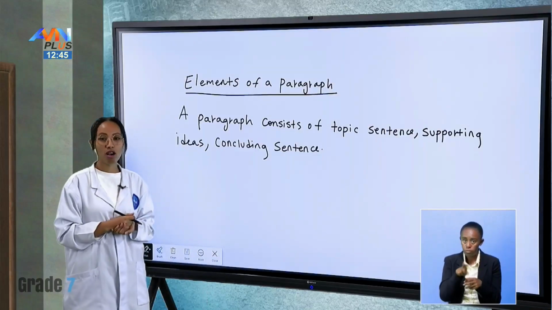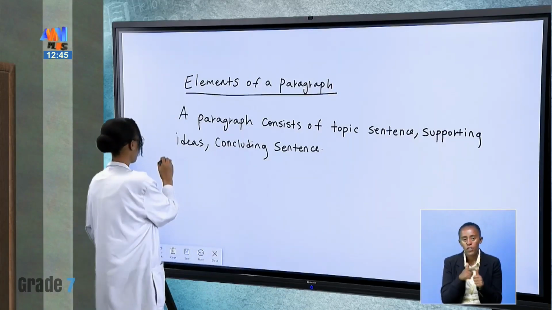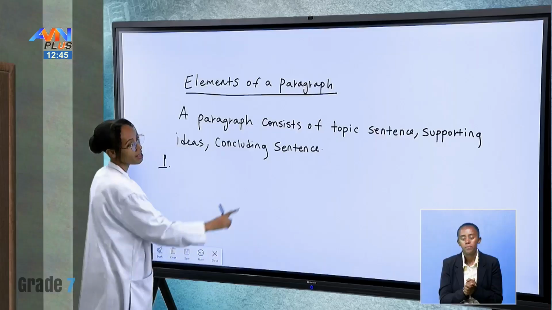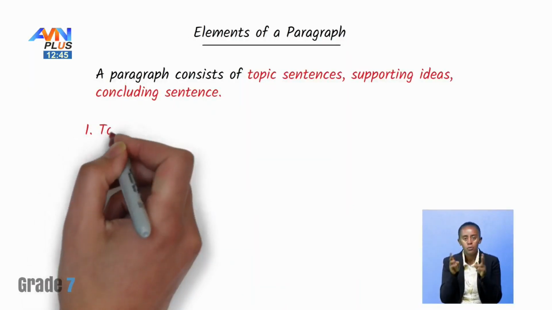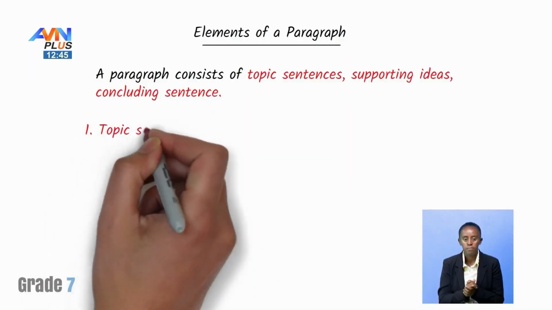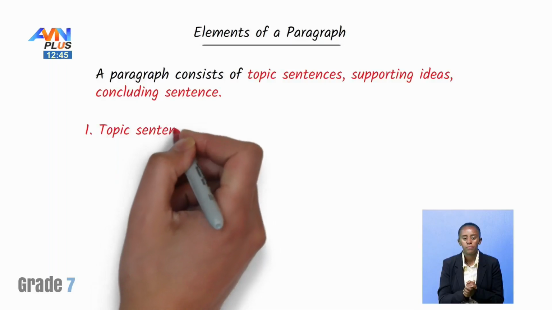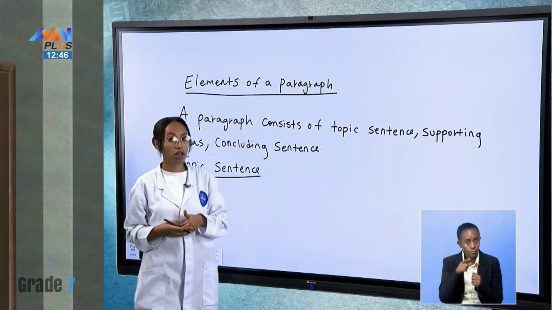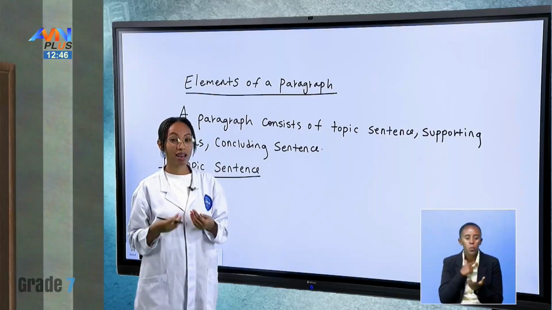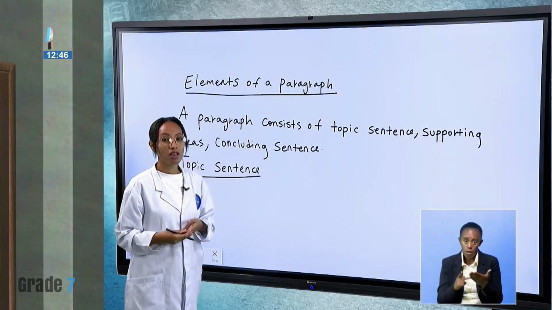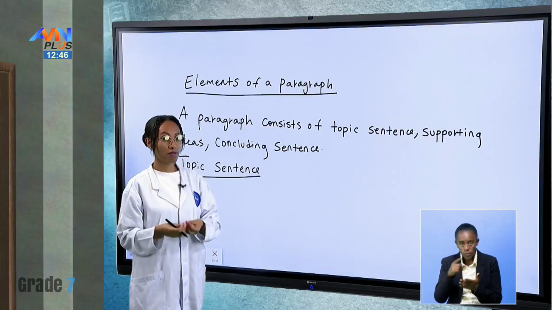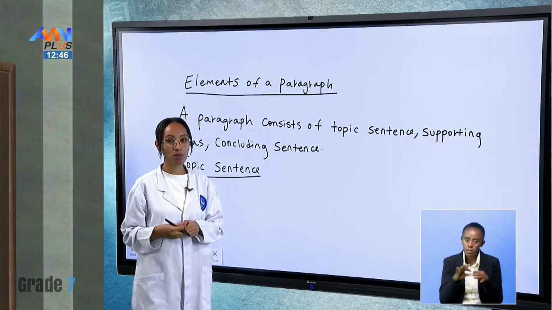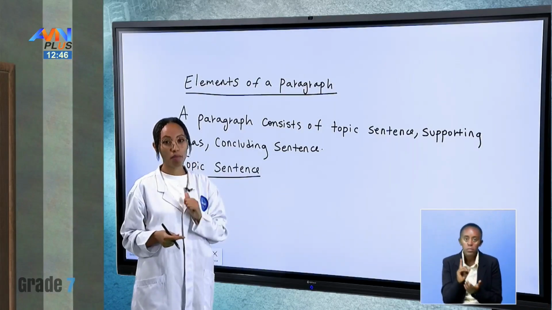So let's talk about the first one. The first one is the topic sentence. Remember, earlier on, we said that a paragraph is a collection of sentences that deals with a single topic.